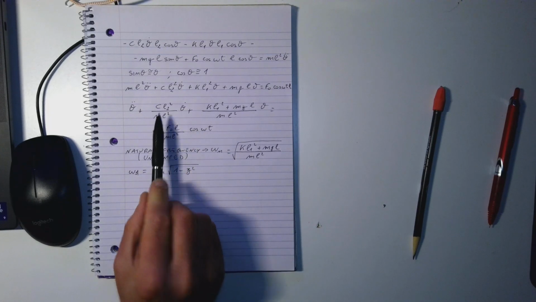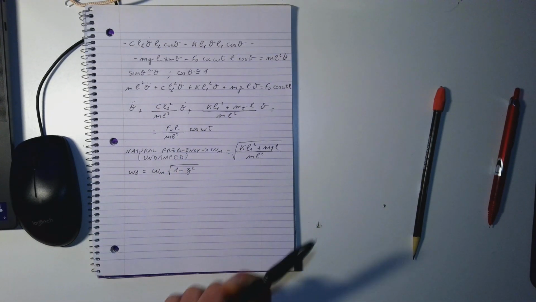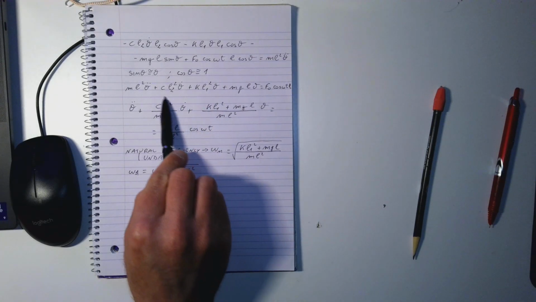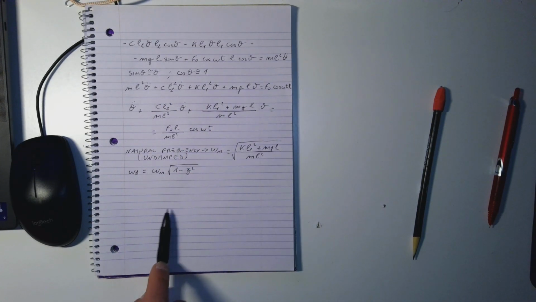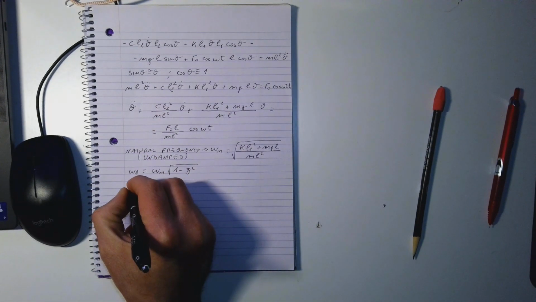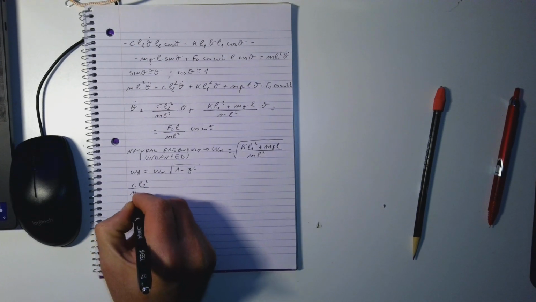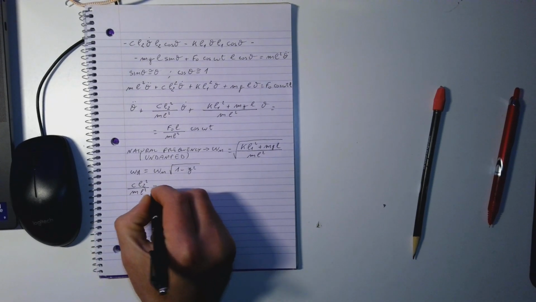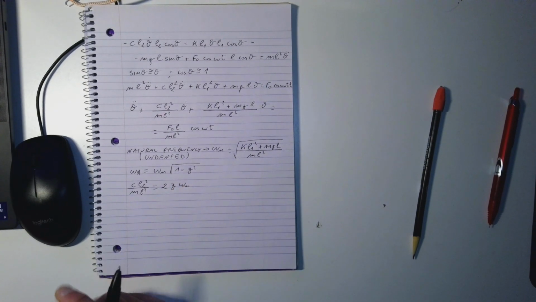So what we can do in order to find the damping coefficient as a function of all the parameters of the system, we can take this term here and equate it to 2 zeta omega n. So we have C L2 squared divided by M L squared equal to 2 zeta omega n.